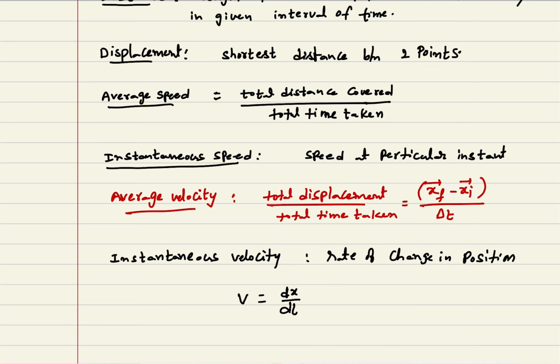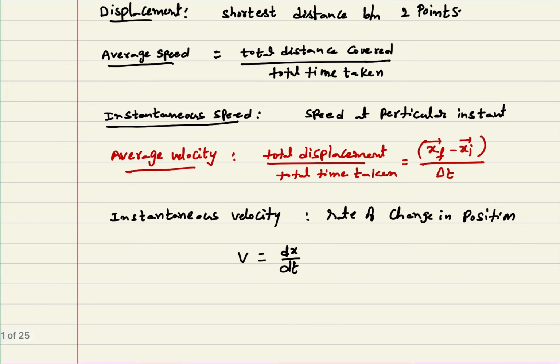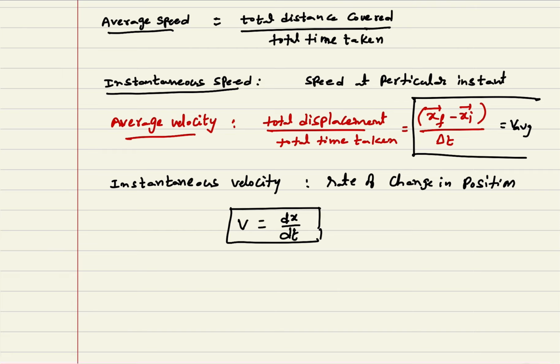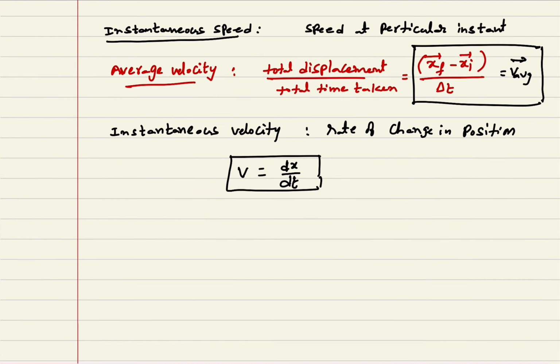We can write v is equal to dx divided by dt, as I am taking motion in a straight line, with the body moving along the x-axis. So v is equal to dx by dt. Average velocity is equal to change in position divided by delta t. This is a vector.